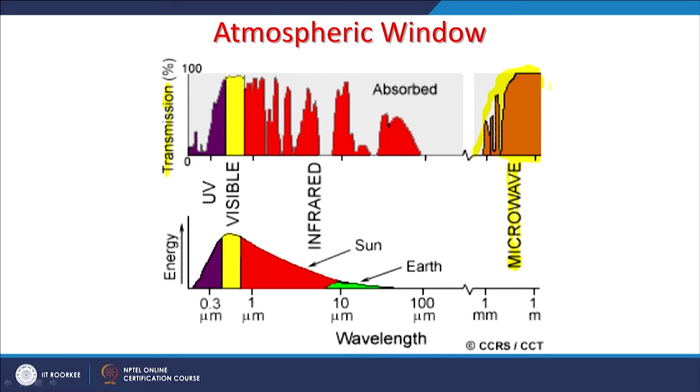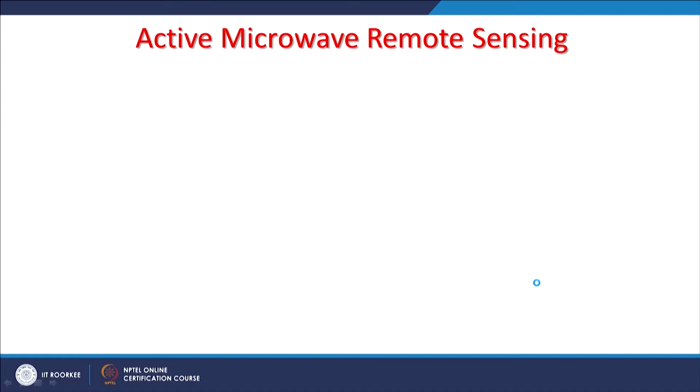Only in case of heavy rains is it affected; otherwise, it is not. And if you see the energy available, in the visible part the maximum energy is available. When we move towards the longer wavelengths, in this part of the EM spectrum, hardly any energy is available, and therefore it is challenging in the case of passive microwave.